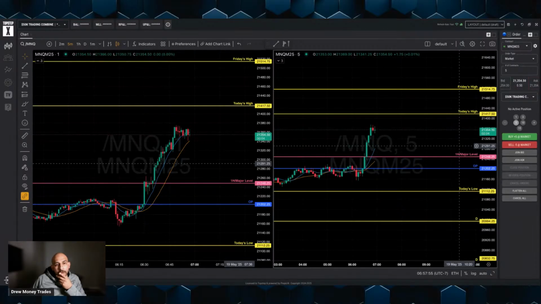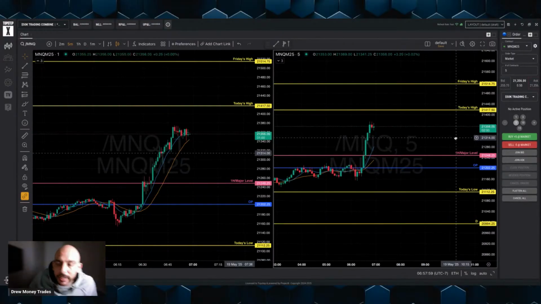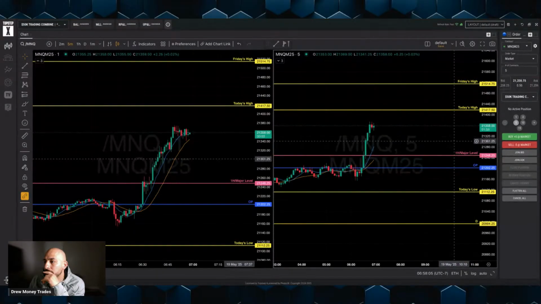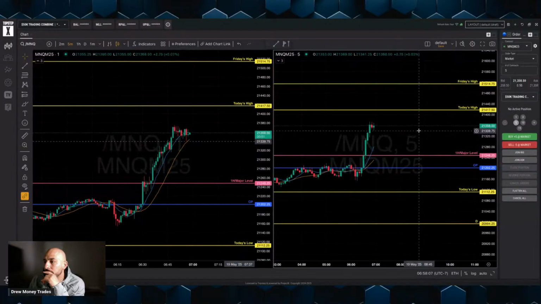It doesn't look strong anymore. The only thing is it's just a little pullback.